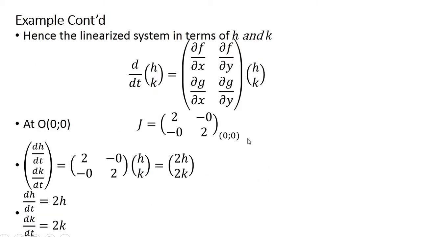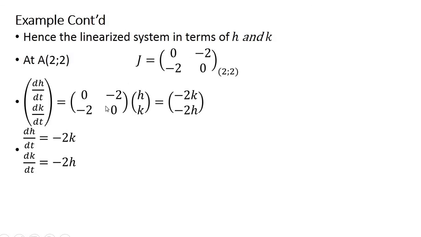So the Jacobian will be 0, minus 2, minus 2, 0. Multiplying, we get our system to be dh/dt equals minus 2k and dk/dt equals minus 2h.